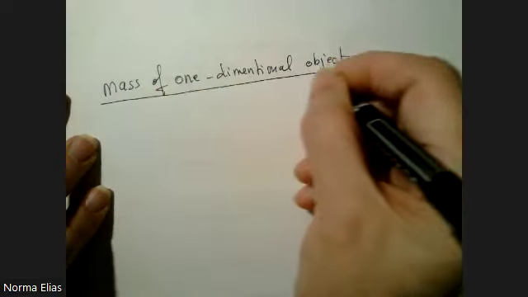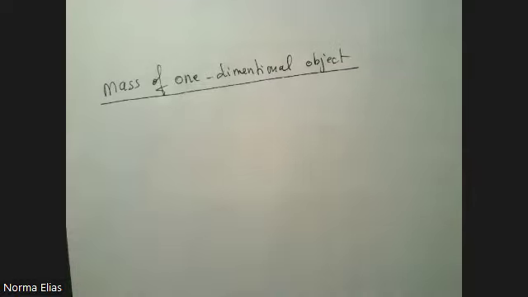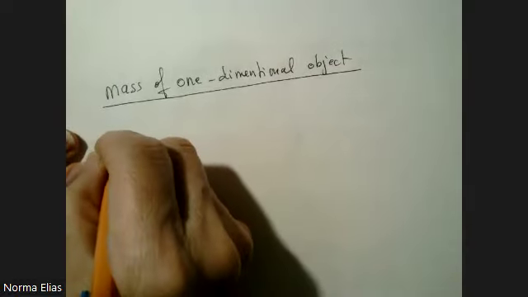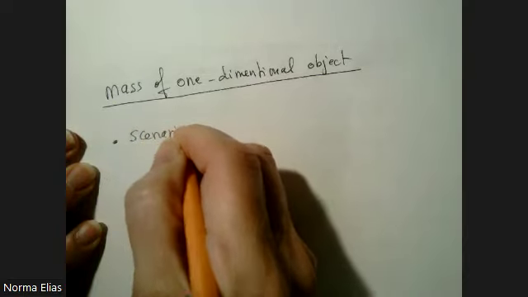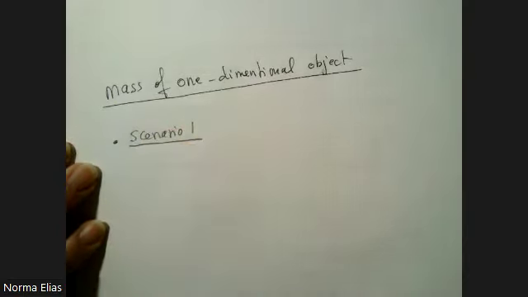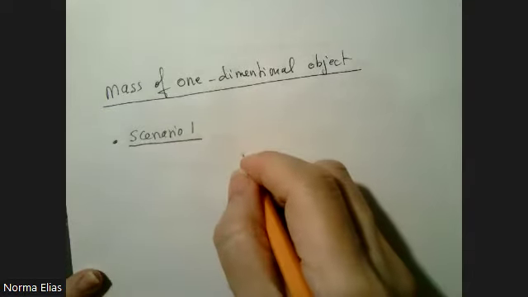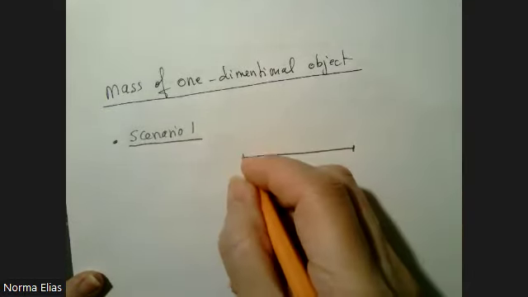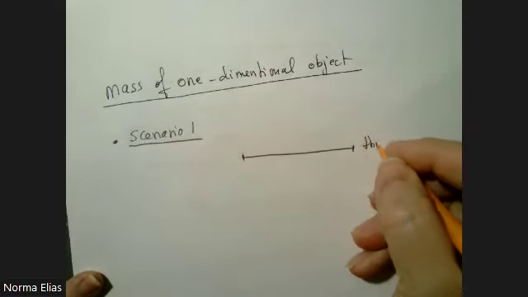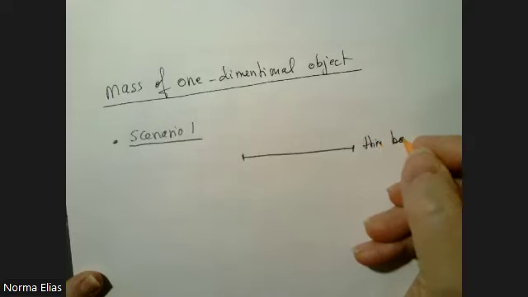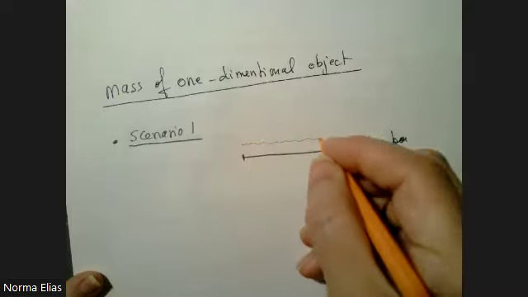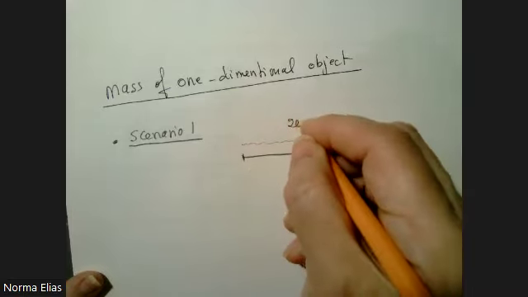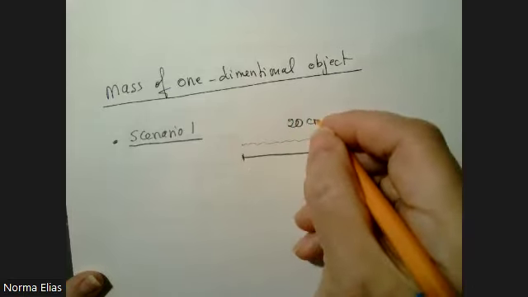I'm going to give you two easy scenarios, and you guys will tell me the answer. So scenario number 1. Very easy scenario. Let us say I have a rod, a thin bar, very thin bar. And let us say from here to here, it's 20 centimeter for that matter.